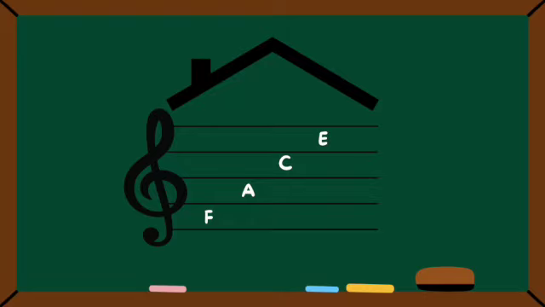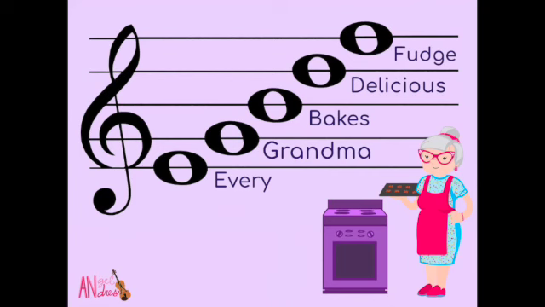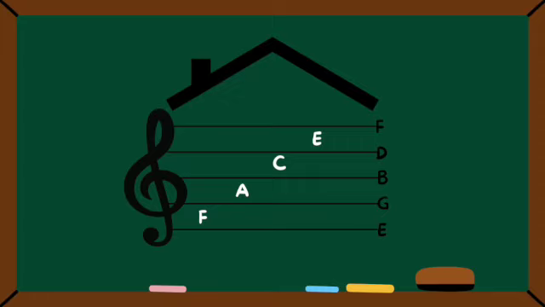So the bottom space is F, then we have A, then C, then E. The note names of the lines are E, G, B, D, F. Some people remember this with the saying, every grandma bakes delicious fudge, or every good boy does fine. You can come up with your own little phrase that helps you remember these letters.